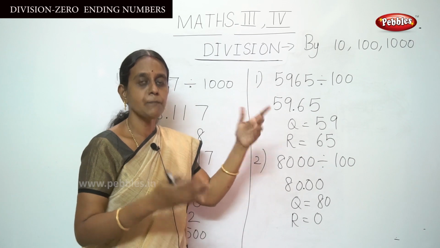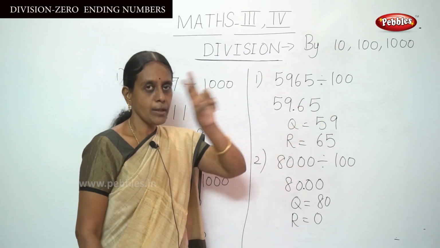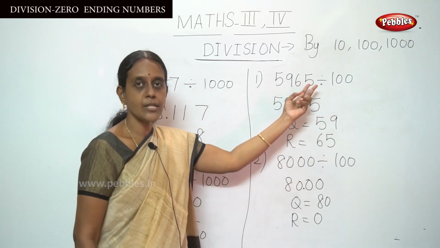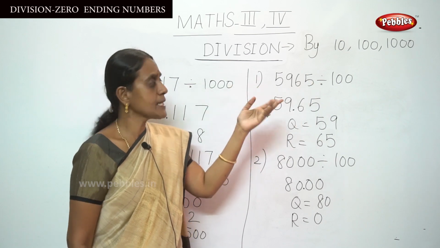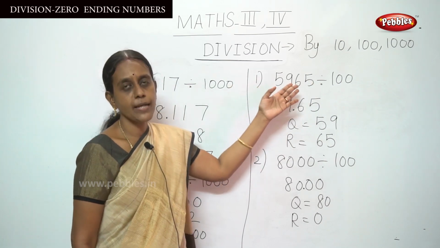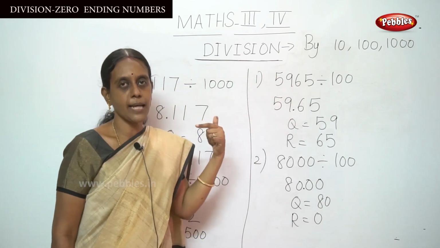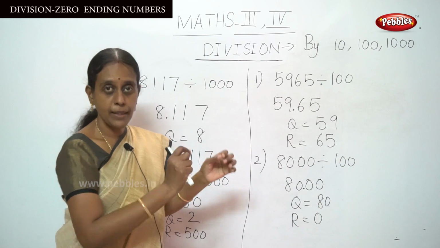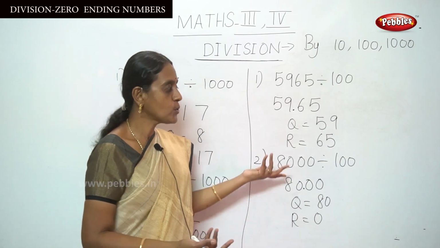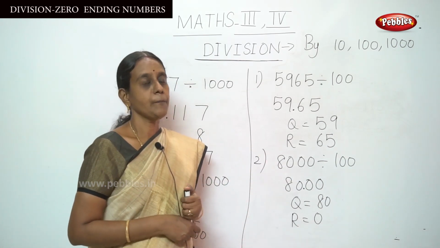By practicing, you can simply move 2 digits from the right towards the left and say 59.65, so the quotient will be 59 and the remainder 65. That's mental maths. Okay, without paper and pen you can say the answer, quotient and remainder. Okay, thank you.